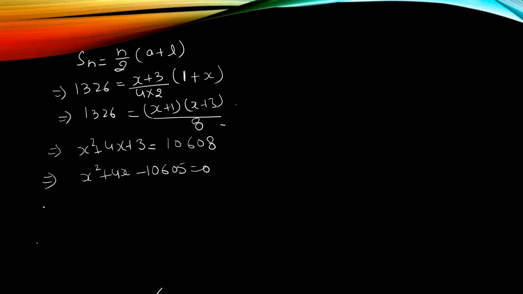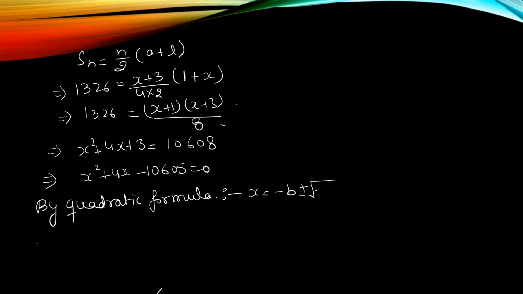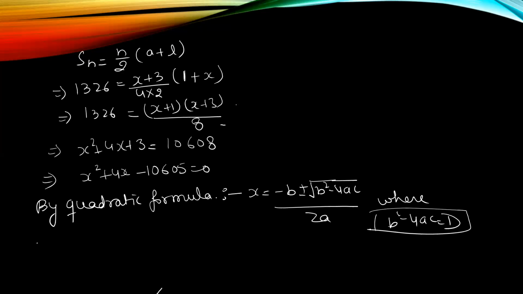So by using the quadratic formula, what is the quadratic formula? Do you remember that? We did it. The quadratic formula: x is equal to minus b plus minus root of (b square minus 4ac) upon 2a, where b square minus 4ac is the discriminant, right? So we are using this formula.